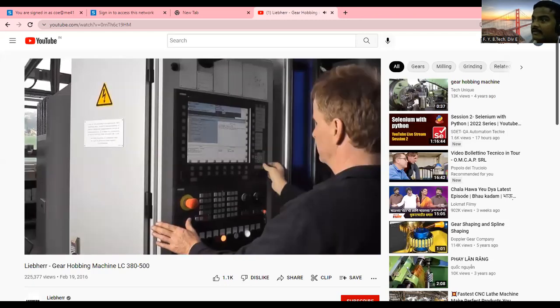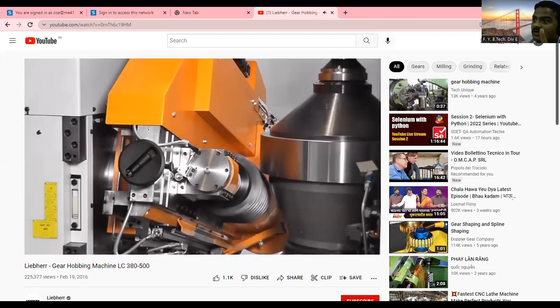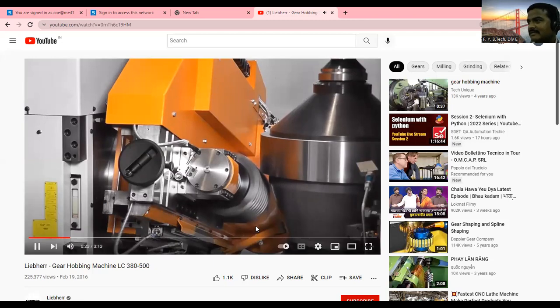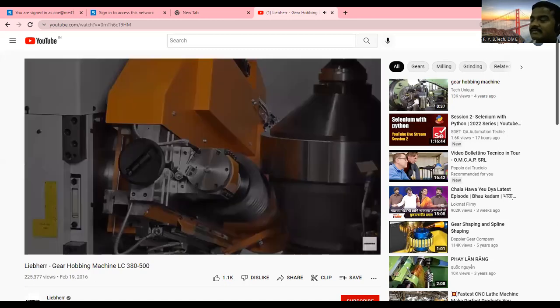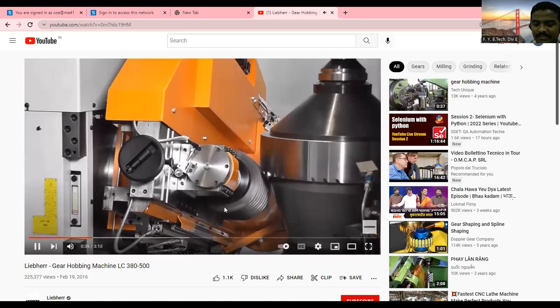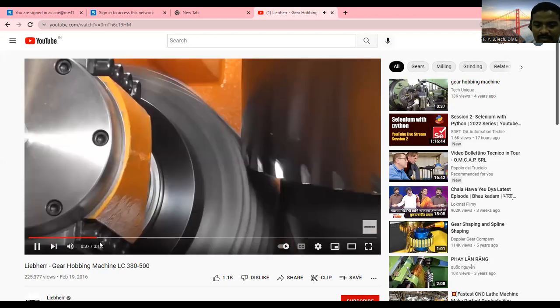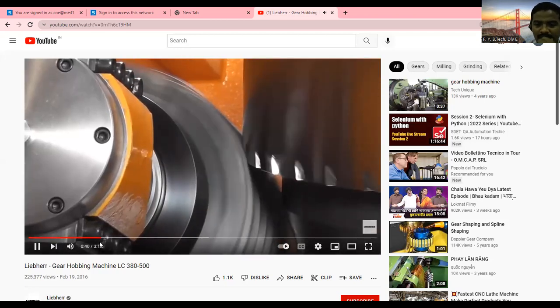And on this machine, not only skilled, highly skilled operators are required, but graduate engineers. They are not allowing diploma or ITI holders. It's a very highly precise machine.